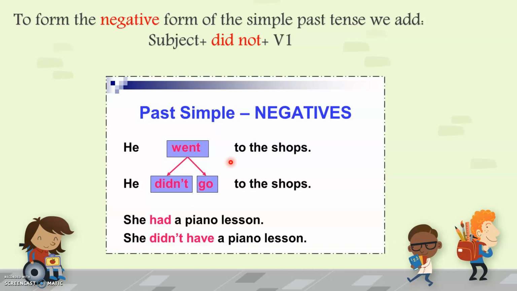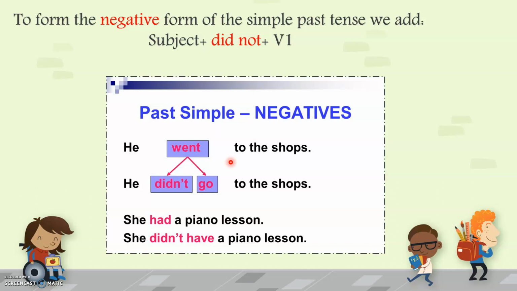In the simple past tense, it's super easy to change the sentence into the negative form because we only add one thing to the sentence no matter what the subject is. If you remember, in the simple present tense, if I want to change the sentence into the negative form, I need to look at the subject, right?